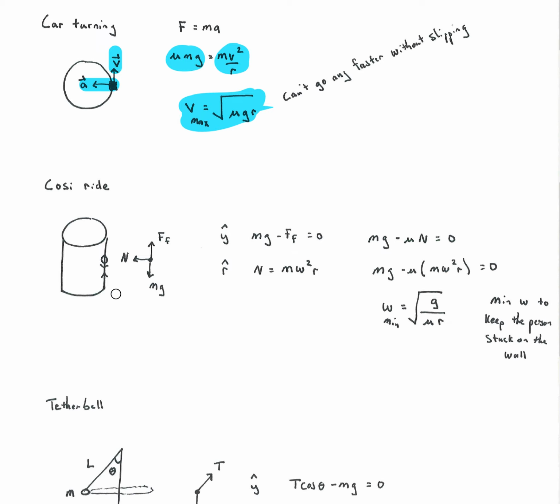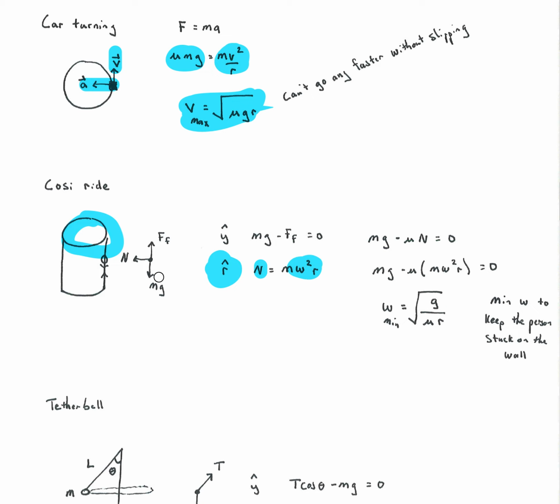Okay, here's the classic cosine ride, right? This thing is spinning around and you are stuck to the wall. The force that's pushing you inward is the normal force. So in the radial direction, in the r hat direction, we have the normal force, which pushes you inward. And in this case, instead of replacing a by v squared over r, let's replace a by omega squared r.